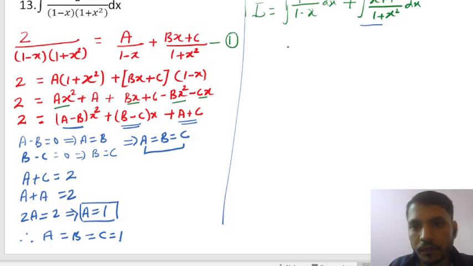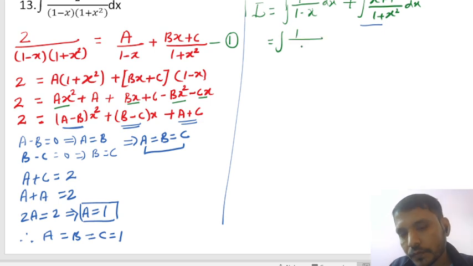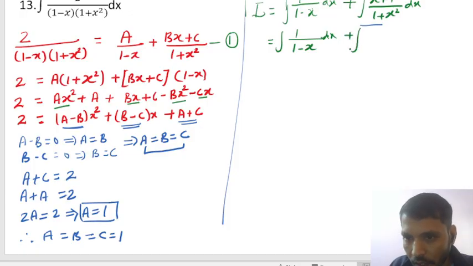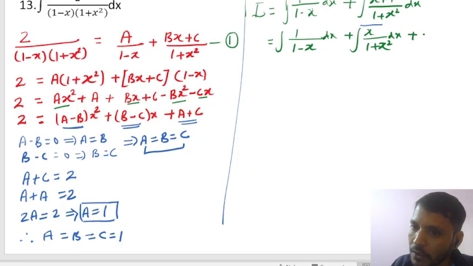So this will become 1 upon 1 minus x into dx plus x divided by 1 plus x square into dx plus 1 divided by 1 plus x square.